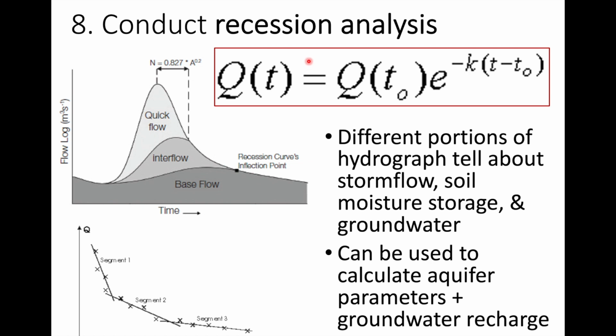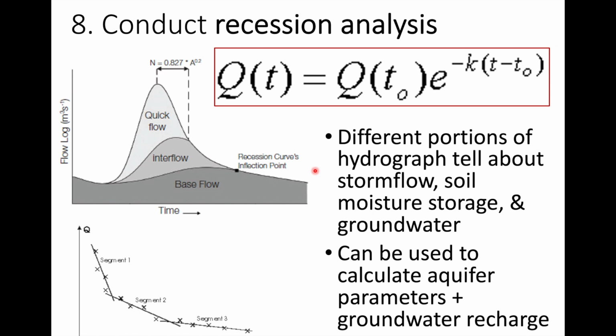This equation typically has a form something like the one in the red box, where discharge at a particular time, Q(t), is a function of discharge at some initial time, Q0, times an exponential that reflects the difference in time between when you're interested, t, and time 0, and a constant with a negative slope to it. This is just saying, what is the slope that is happening in this recession curve?